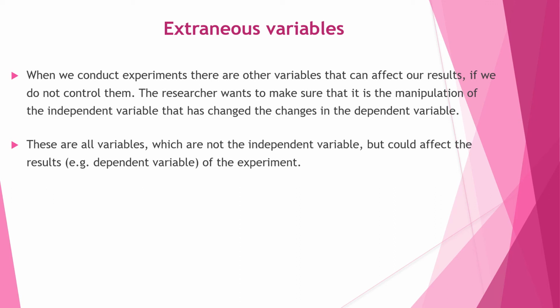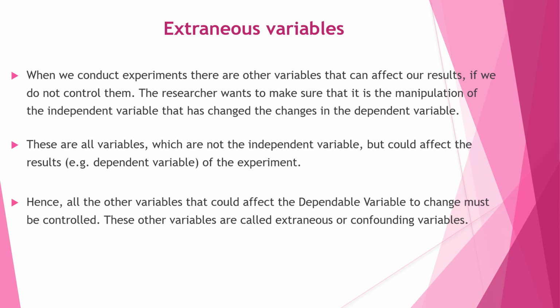So all these variables which are different from the independent variable, but which have a profound effect on the experiment, are known as extraneous variables. They are also known as confounding variables. If they cannot be controlled, they can give erroneous results.